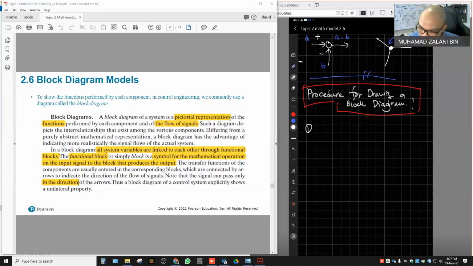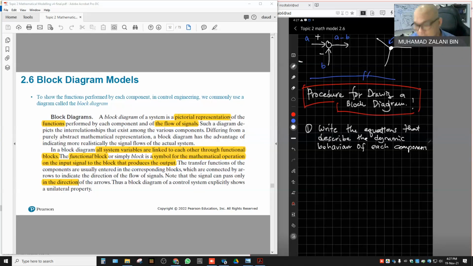So we write the equations that describe the dynamic behavior of each component.